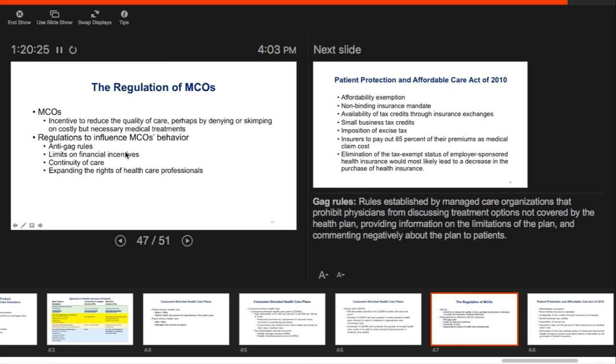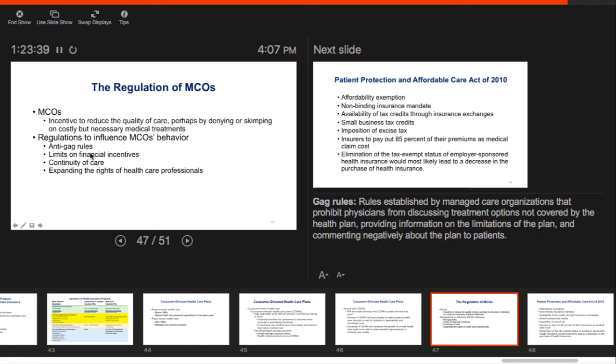So yes, there are regulations to influence MCO behavior, like anti-gag rules, limits on financial incentives, continuity of care, and expanding the rights of healthcare professionals. For example, one regulation to influence MCO behavior is the anti-gag rule.